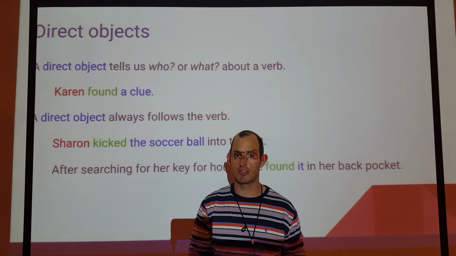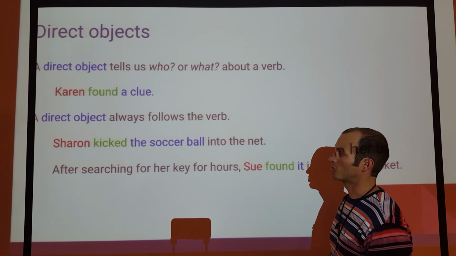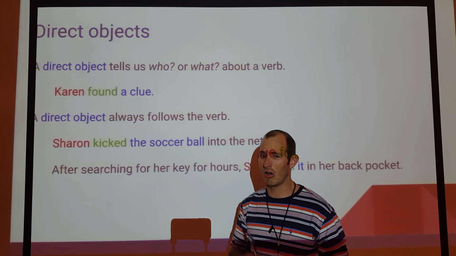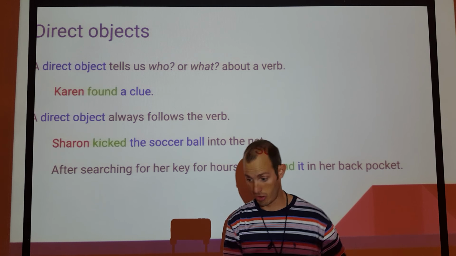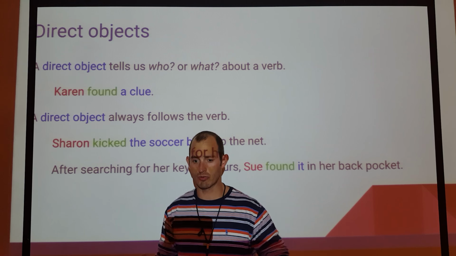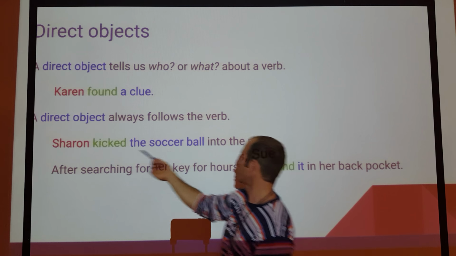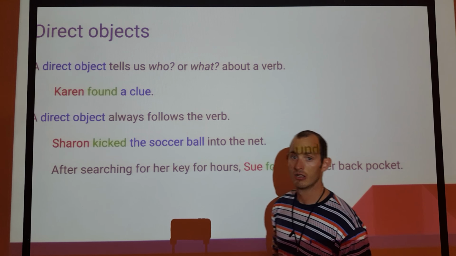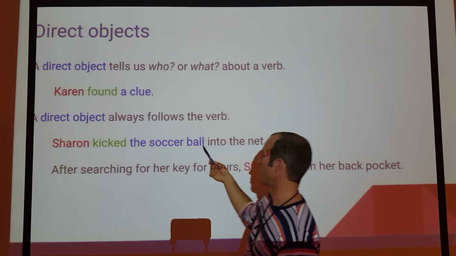Our direct object, the thing that's being found here, is a clue. A direct object almost always follows your verb. So the subject is in front of the verb, the direct object is after it, because it's always receiving the action from the verb. In this case, Sharon kicked the soccer ball into the net. What is the verb? Kicked. What is being kicked? The soccer ball.